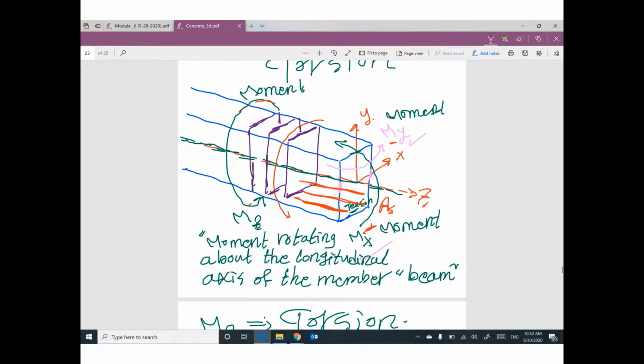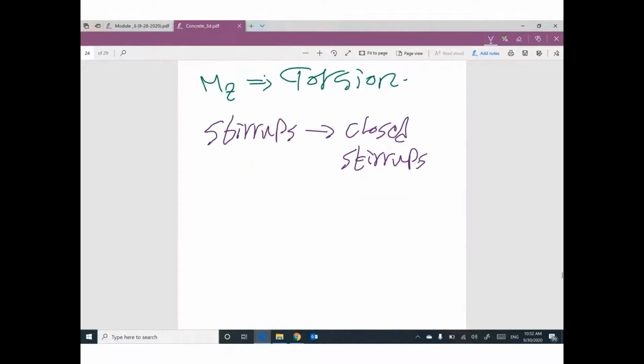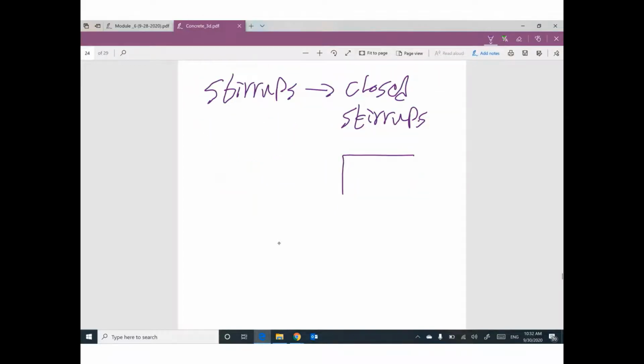They are special stirrups. These stirrups must be closed stirrups. I'm sorry, what do you mean by closed? Closed, like this. If you can weld these ends, that will be fantastic.